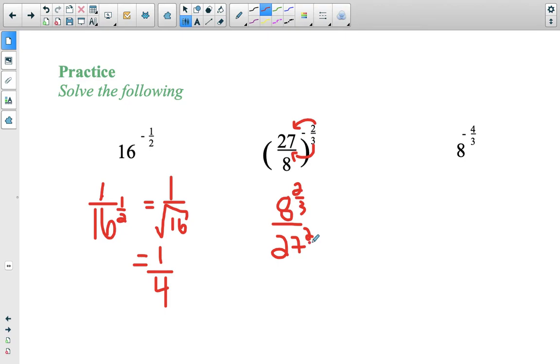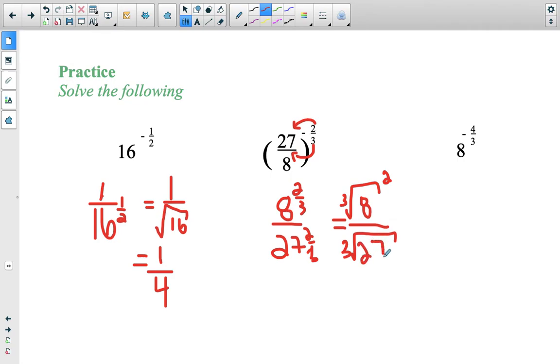And 2/3. Oh my goodness, sorry, that's a really bad 2/3. So what that's going to get me is the cubed root of 8 to the power of 2, and the cubed root of 27 to the power of 2.